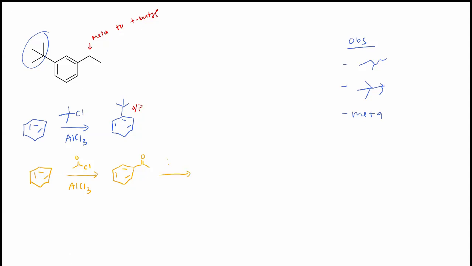Then we add our tert butyl group. And then we can reduce. Okay, any questions on that one?